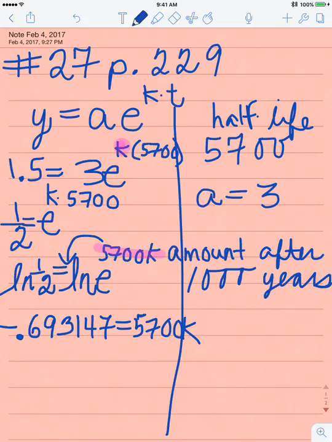And now I'm just going to divide both sides by 5,700. And I have negative 0.00121605.